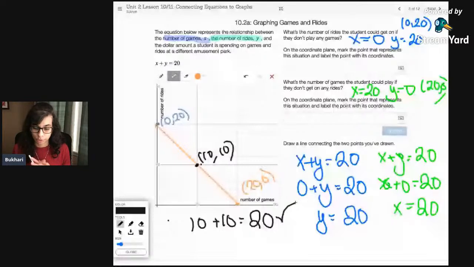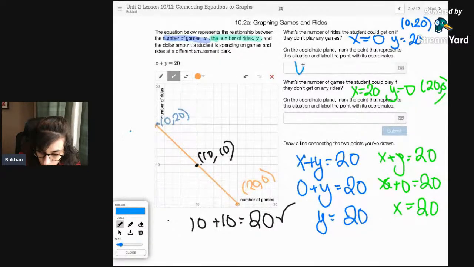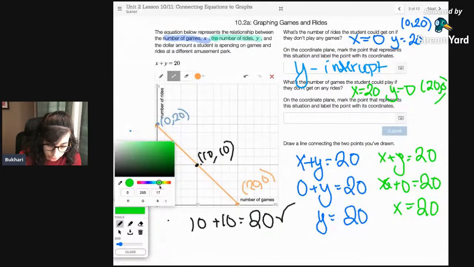And so from what we know now, the first point that we found is our y-intercept. It intercepts the y-axis. On the other side, we have our x-intercept.